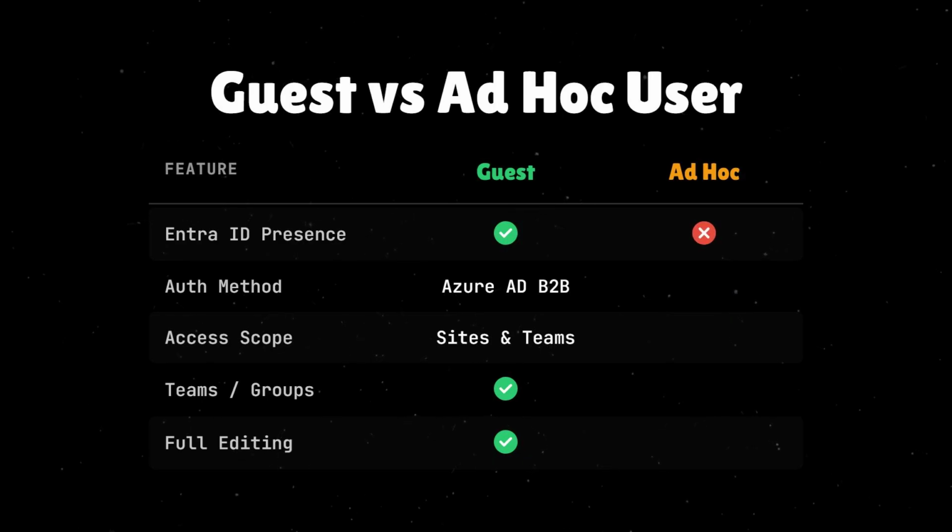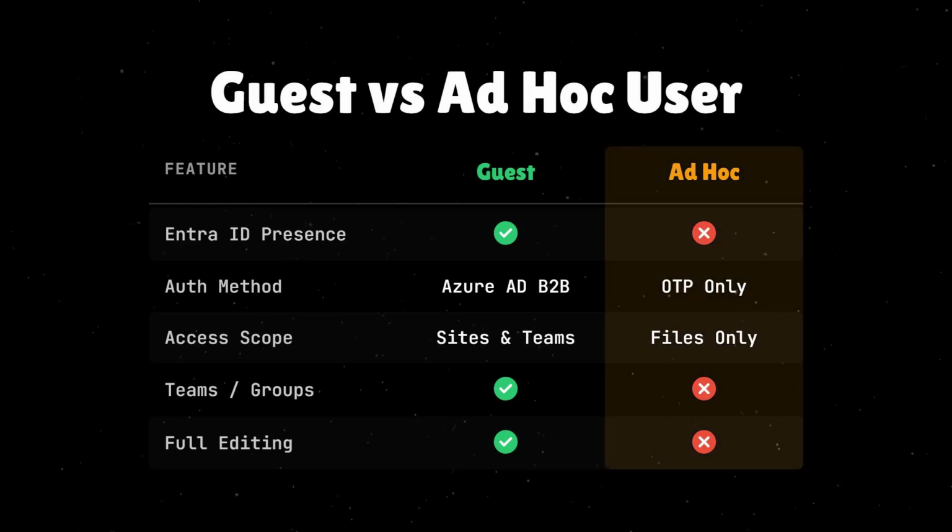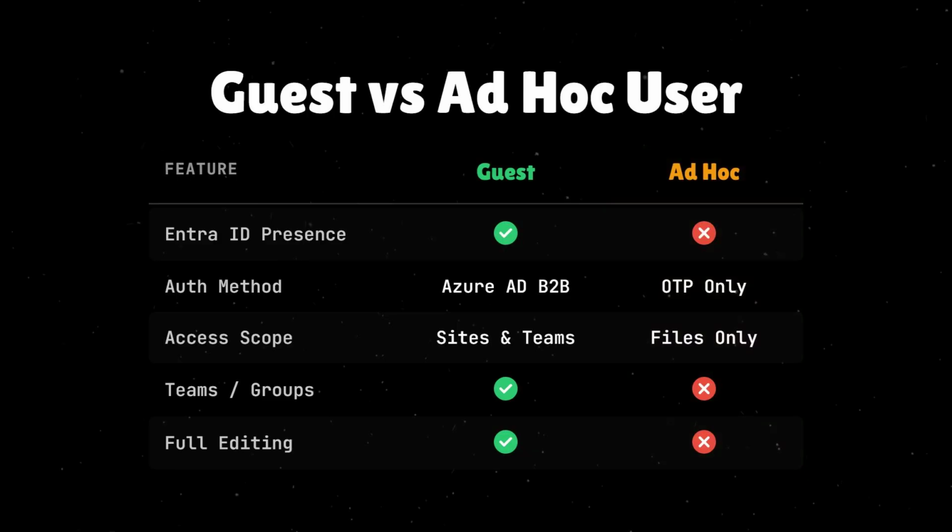Ad hoc users do not exist in Entra ID, authenticate with a time-sensitive, single-use passcode, can only see the specific files or folders shared with them, cannot join teams or groups, and cannot edit in Office apps. They can only view or download. Both types are audited, so you do have a trail, but the visibility gap is a real problem if you're trying to do a proper access review.